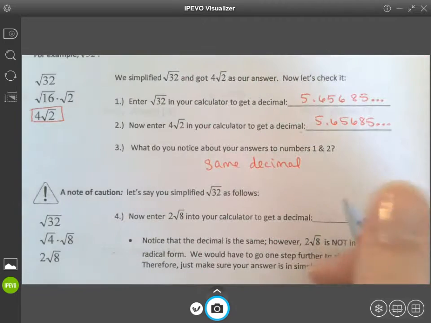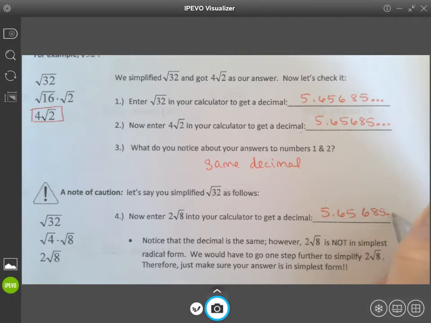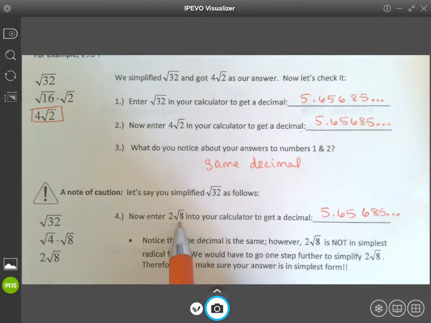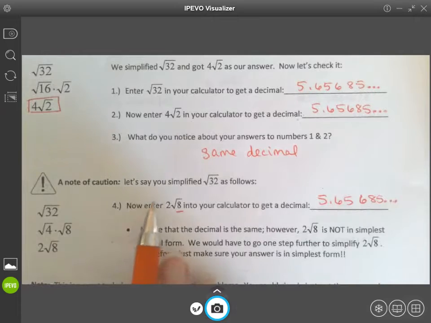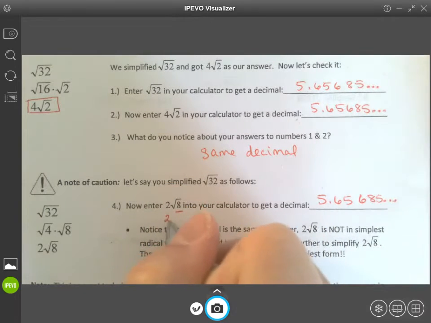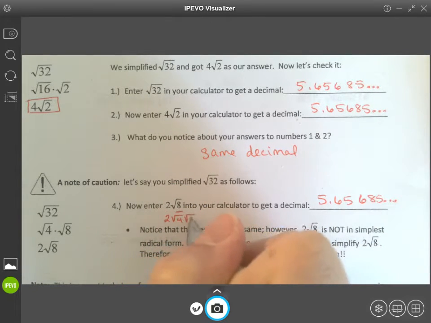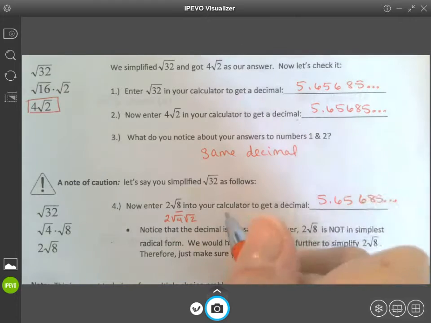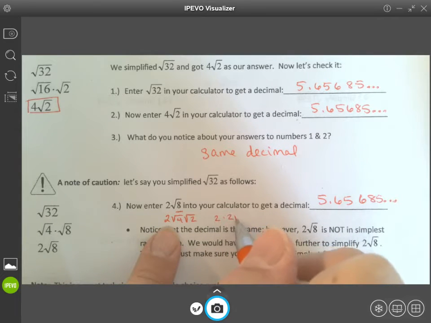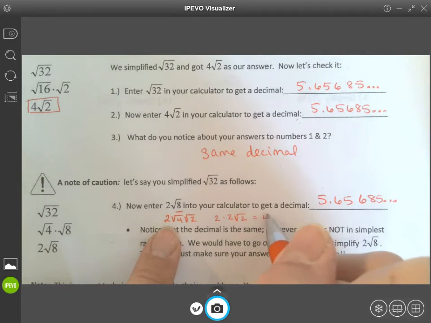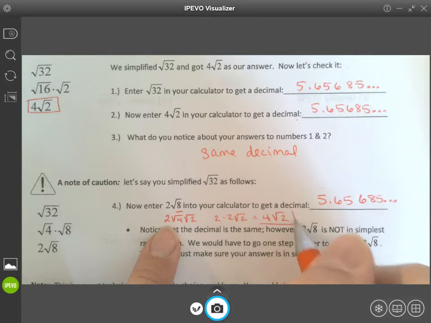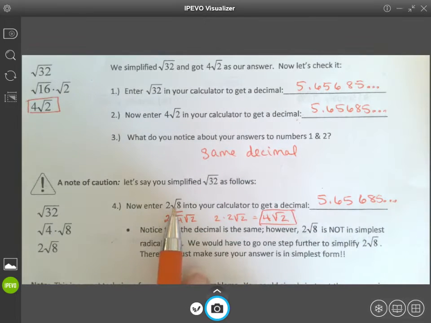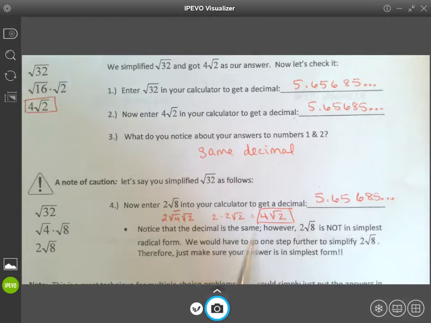It can be a little confusing because you think, well, I got the same answer, I must be right. But the problem is this is not simplified enough because 8 would break down and you'd have 2 square root 4 square root 2, which is 2 times 2 square root 2. It doesn't give us that 4 square root of 2. So the idea is you've simplified it, but not completely, okay? That's what I want to make sure I brought up.